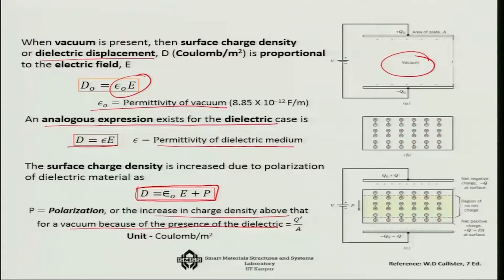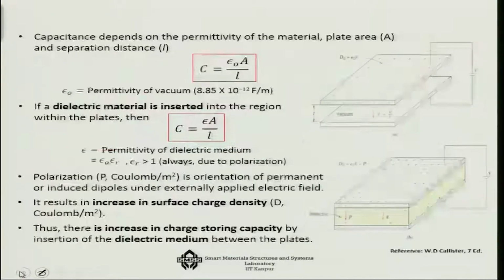As explained in this figure, the moment you apply this voltage, there is a net negative charge at one surface and a net positive charge at the other surface, and accordingly the dielectric medium orients and there is a region of no net charge. As you increase the voltage, this starts to penetrate, and as it penetrates more and more, there could be a sharp dielectric breakdown. That means its capacity of holding the charge will suddenly break, and that will be a collapse of the insulator.